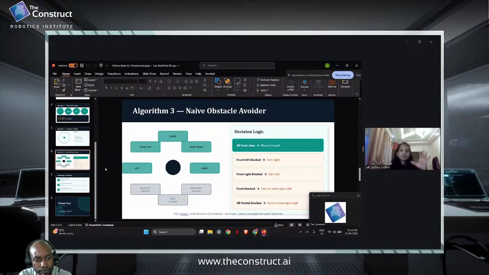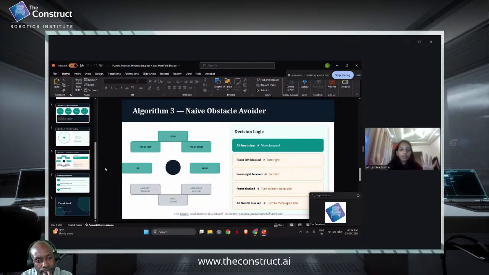This basically uses the LiDAR scan values. The LiDAR scan is divided into 8 sections of 45 degrees each. However, only the front 5 regions are used because they directly influence the movement decisions. So it is a really simple rule-based approach. If all the front sectors are clear, the robot moves forward. If the frontal left region is blocked, the robot turns right, and if the frontal right region is blocked, the robot turns left.